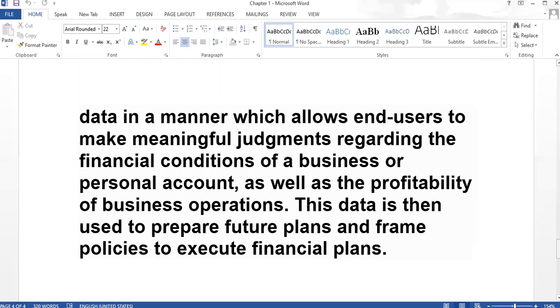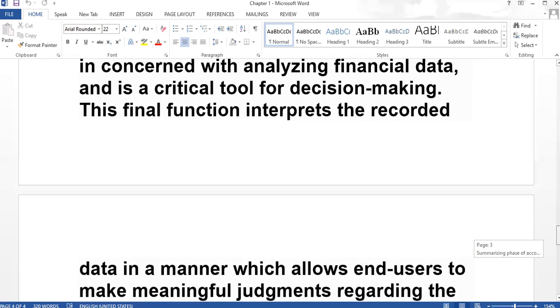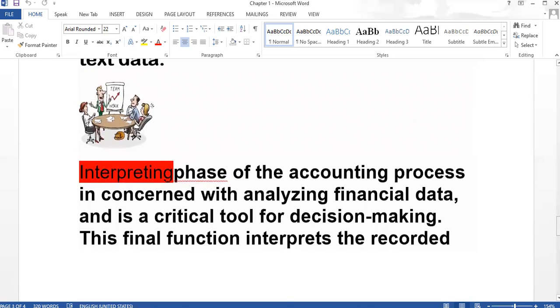Now, let us understand that the interpreting phase of the accounting process is concerned with analyzing the financial data. Interpreting means the conclusion we come to from it.